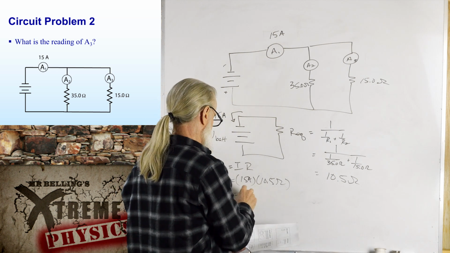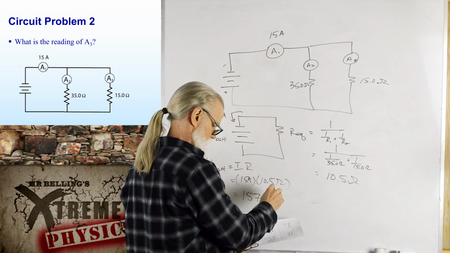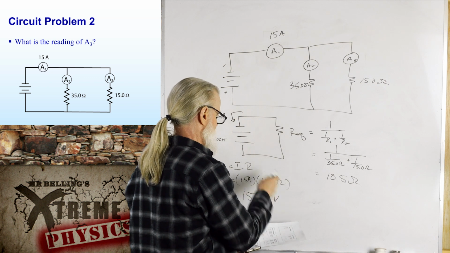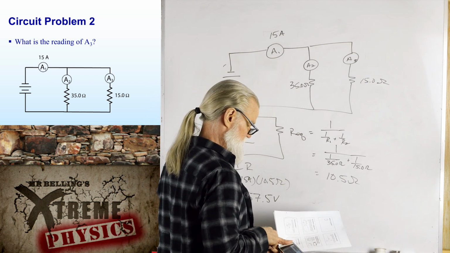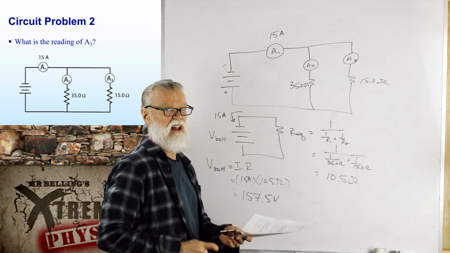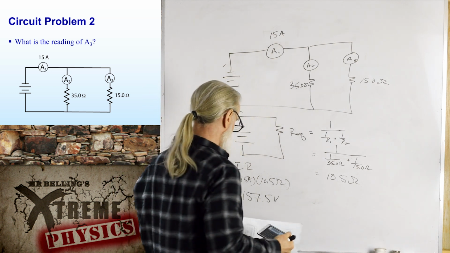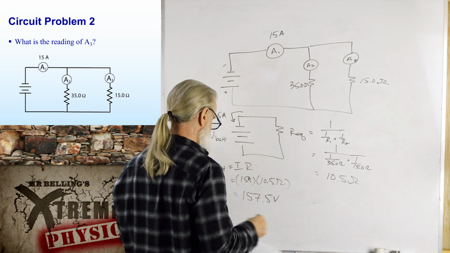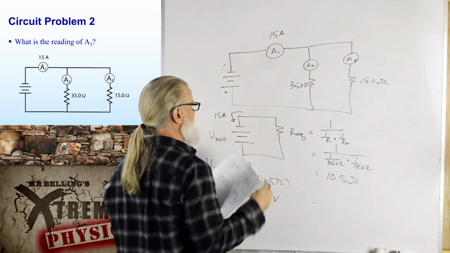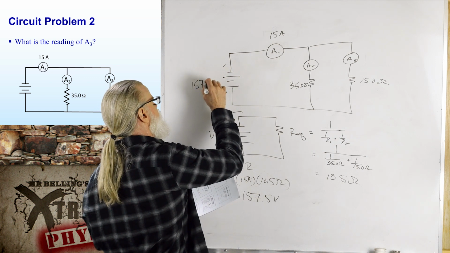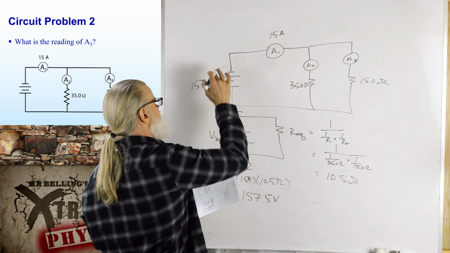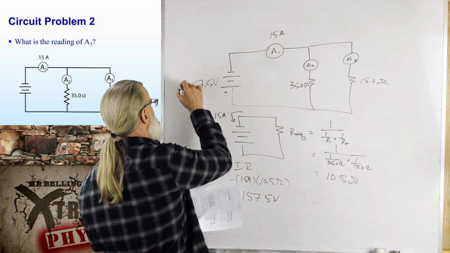That's a lot of voltage for a battery. I'm not buying that at all. Those are fake numbers, I can tell. 157.5. All right. That means that this is 157.5 volts. Right there is that battery. That's V.